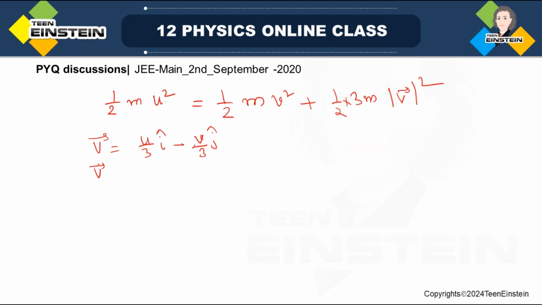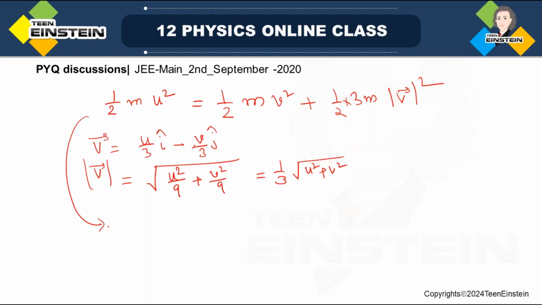So v mod will give you the square root of u square by 9 plus v square by 9. Ultimately it will be 1 by 3 square root of u square plus v square. So I can use it here again.